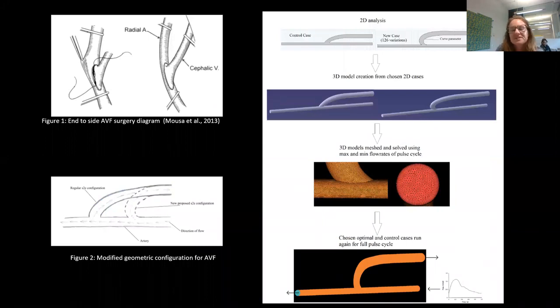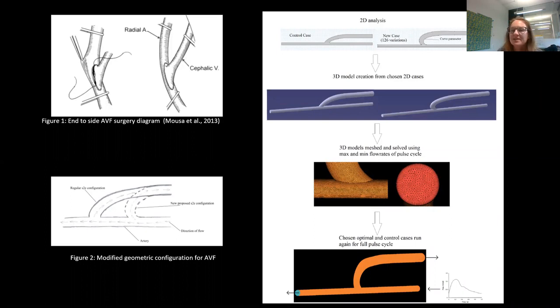So going back to the fistula shape, clearly you can see from a fluid's point of view that if you've got this flow going very fast here and then turning a sharp angle, then it's not going to be ideal and it's going to create quite a bit of disturbed flow. So we started having a look, from a very theoretical point of view, at what would be a better shape that we could make.